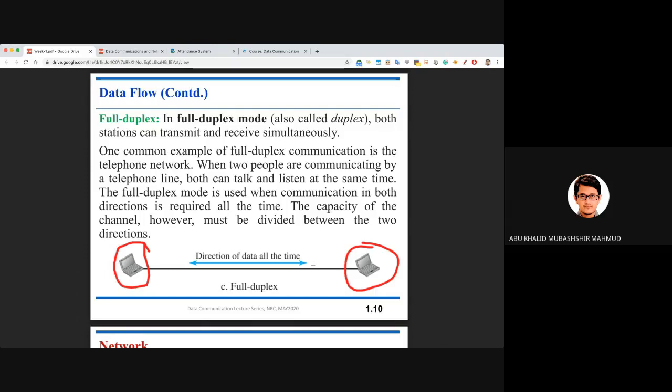In the Google Meet, when I am talking, you can talk too. So, therefore, our mode of communication is full duplex. Read through this description, and if you have any question, share it with me.